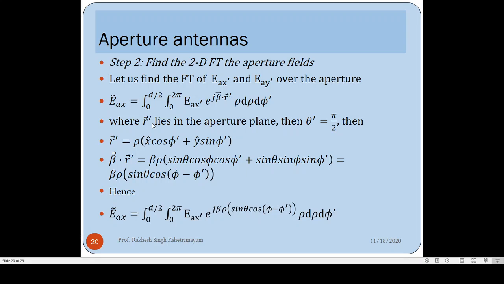So see here, this r dash means in the aperture plane, not in the parabolic reflector. Don't get confused. This r dash is for the aperture plane, and in the aperture plane theta dash is equal to pi by 2. In that case, r dash will become simply rho times x hat cos phi dash plus y hat sin phi dash.